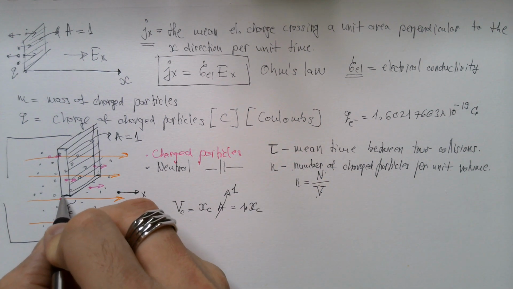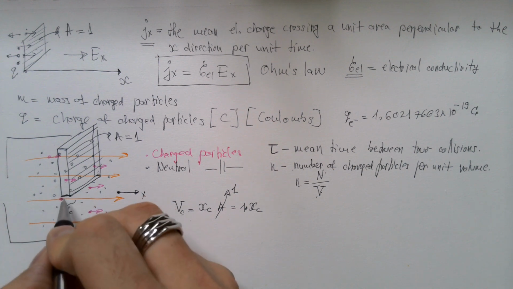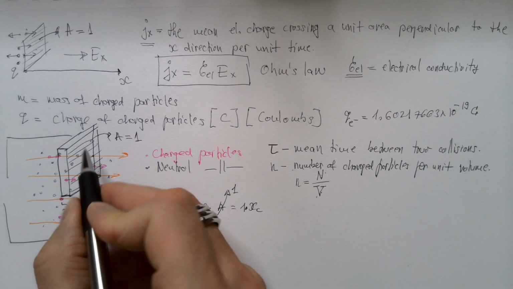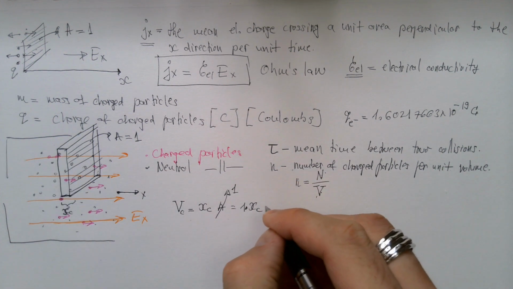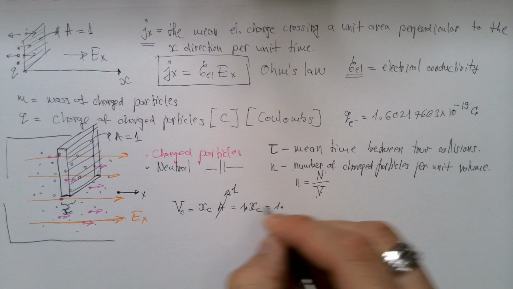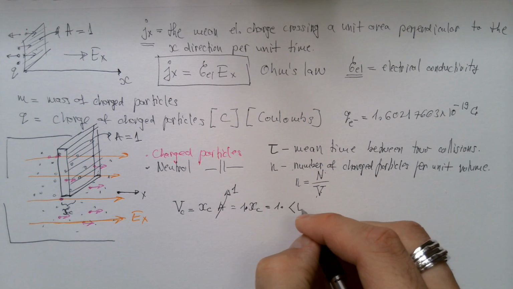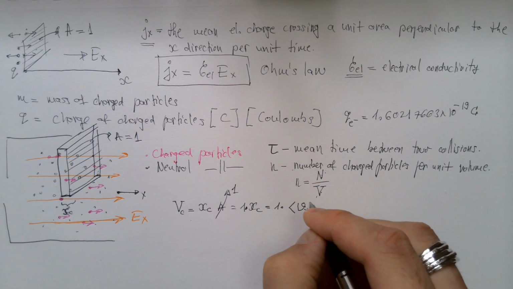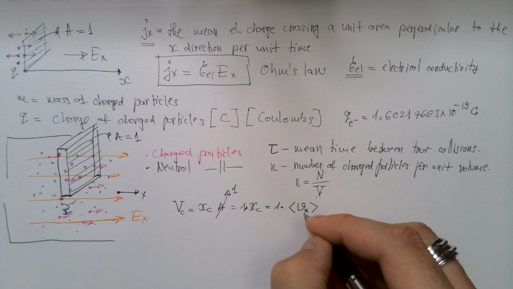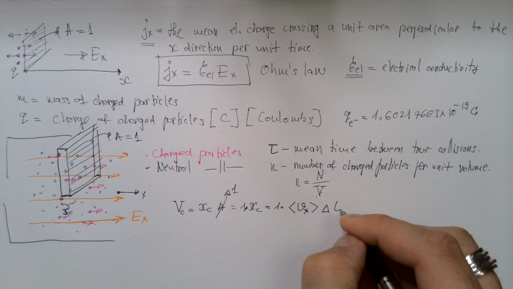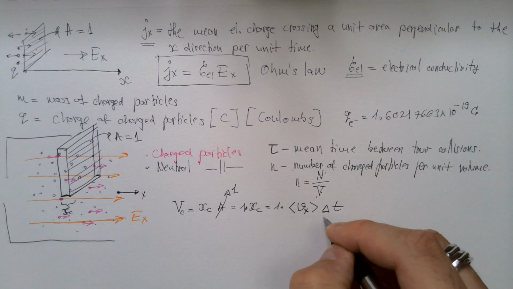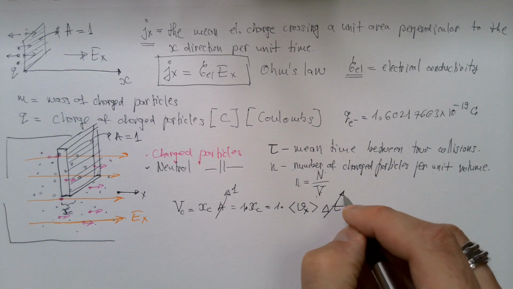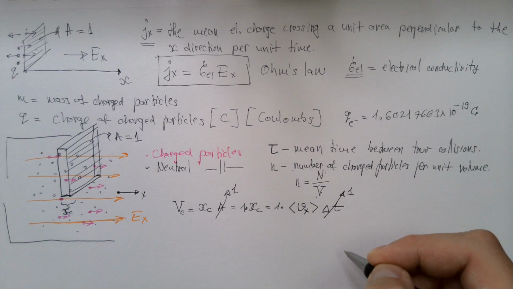But I can express this distance in terms of the mean speed of these charged particles that are crossing this unit area. So that will be 1 times xc is the mean speed of charged particles in the x direction times some time interval delta t. But as I just said, I'm interested in a unit time interval, so this will also become 1.